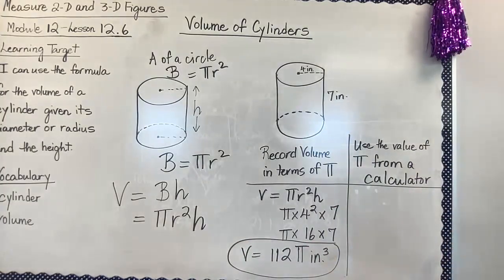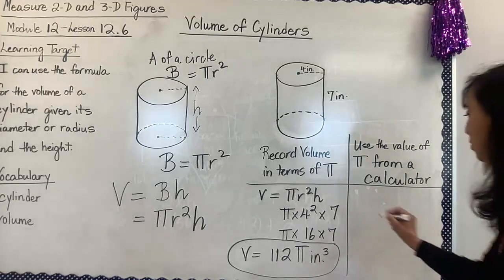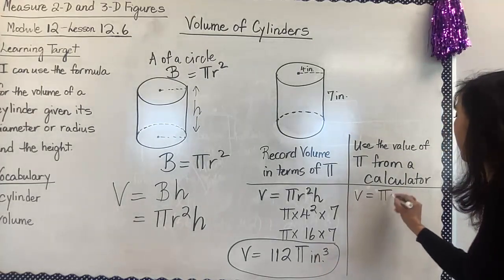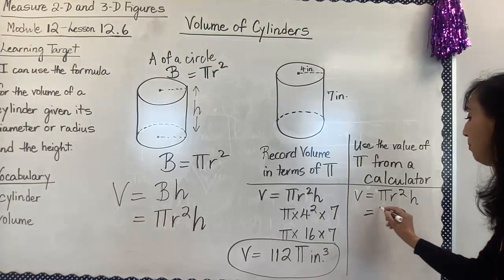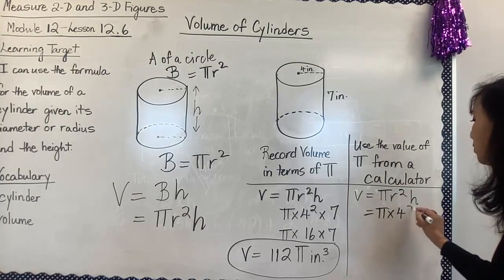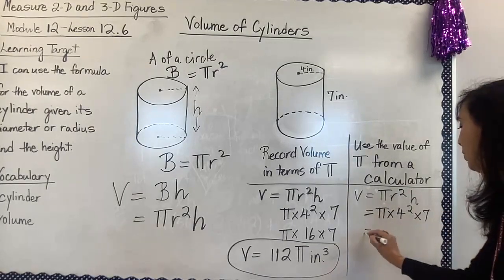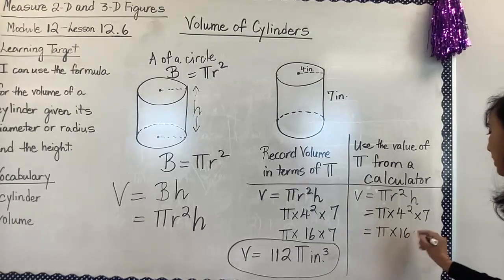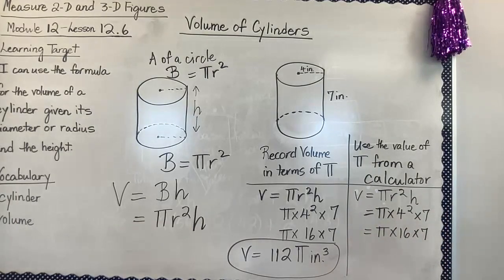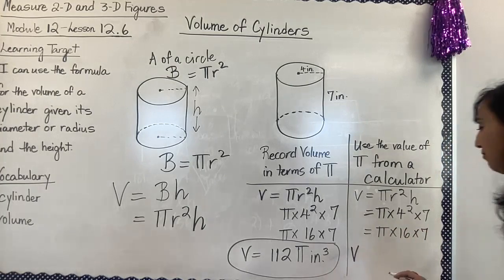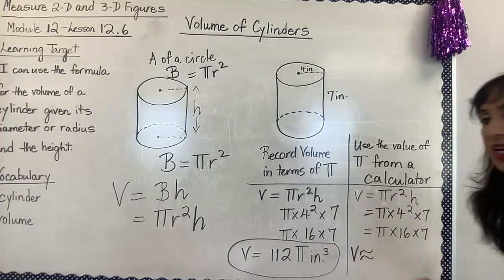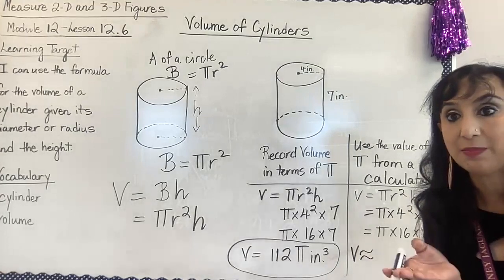Now, if I am going to use the calculator, everything up to here is the same. So volume is equal to pi r squared h, which is pi times 4 squared times 7, which is pi times 16 times 7. Now I am going to give the value from the calculator, and the volume becomes an approximation, because pi is an approximation.